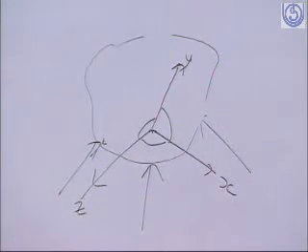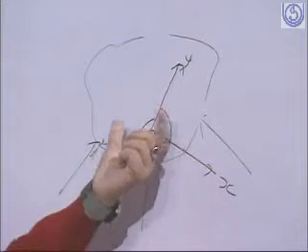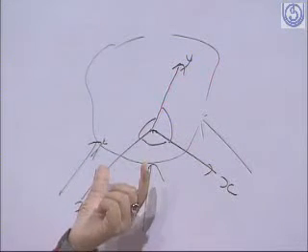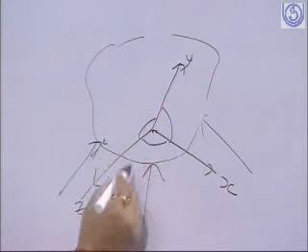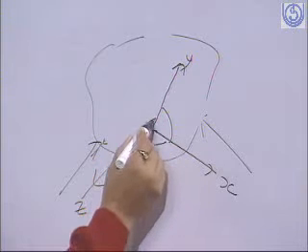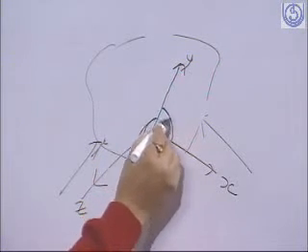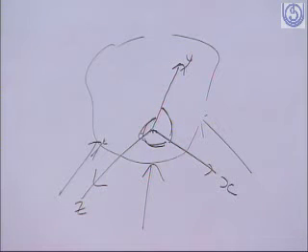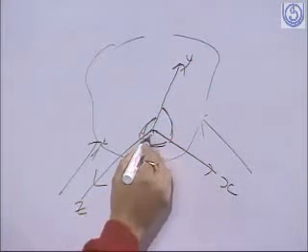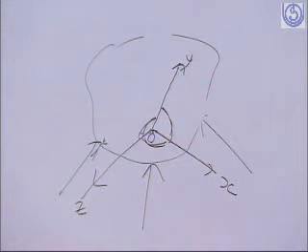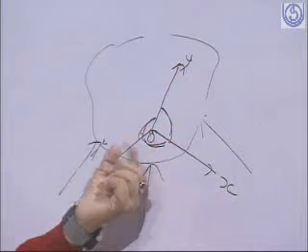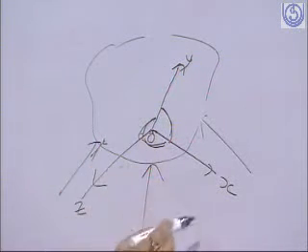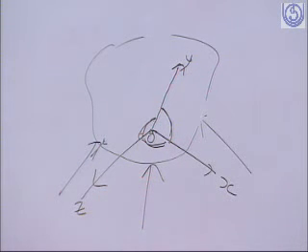You choose any three mutually orthogonal axes. It means that in three different planes they should make an angle of 90 degrees from each other. So this is called a mutually orthogonal axis system, in which the three directions x, y, z are mutually orthogonal.